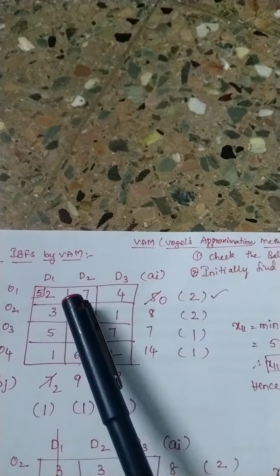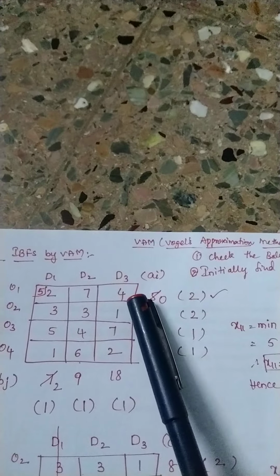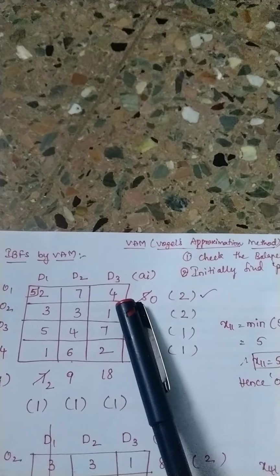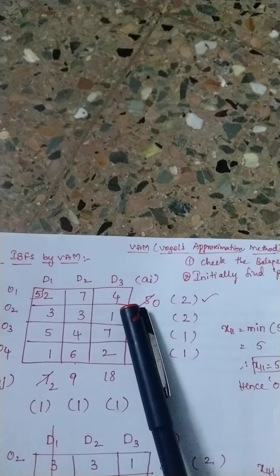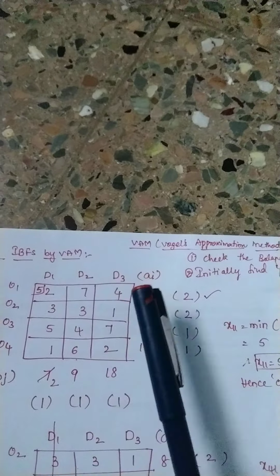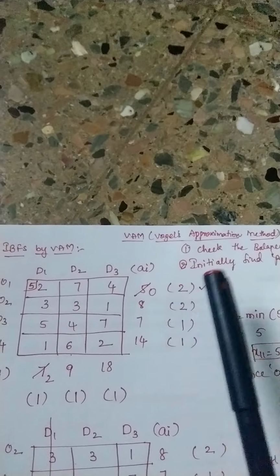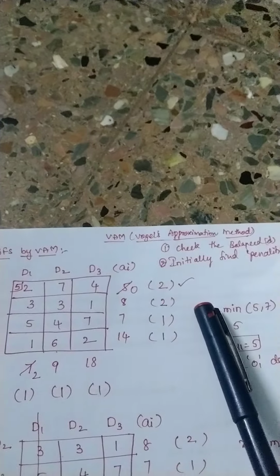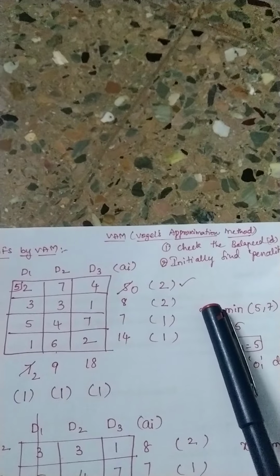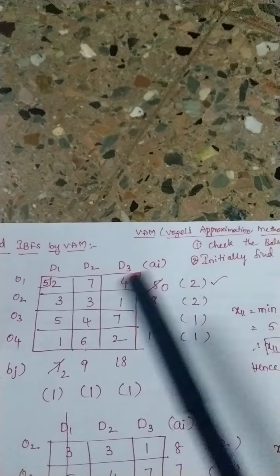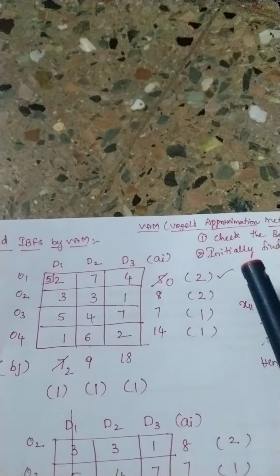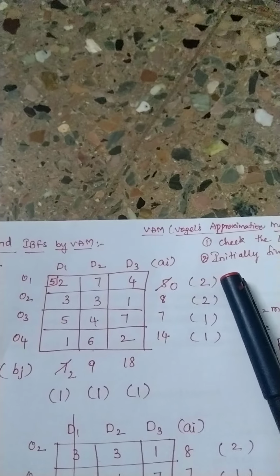What is the next least value? 4. So we subtract the first least value from the second least value, that means 4 minus 2. How much did you get? 2. That value of 2 must be written in parenthesis. That is called a penalty. So for the first origin O1, you got the penalty as 2.